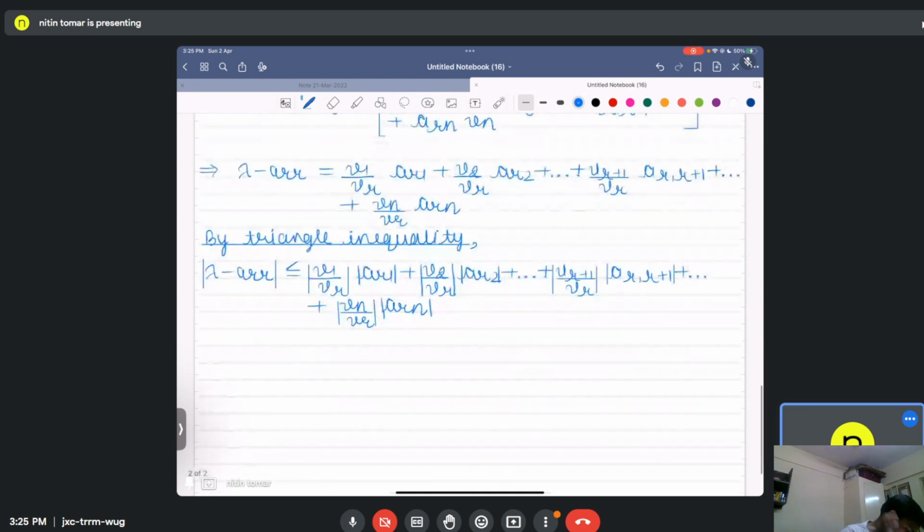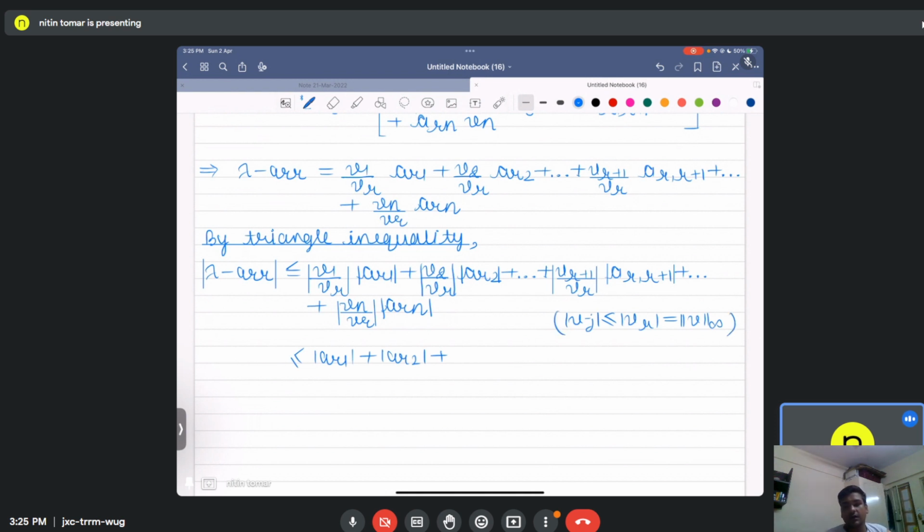Now you see the way this is chosen, the way your VR is chosen, because see, mod Vj is less than or equal to mod VR, the way we have chosen our R. And this is this, but what is this?